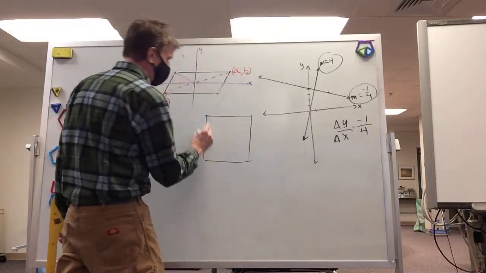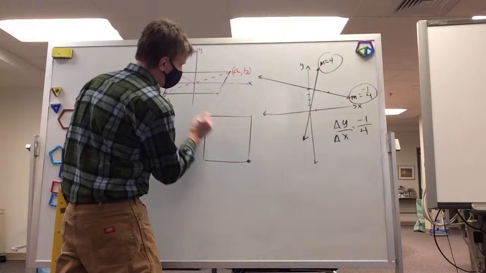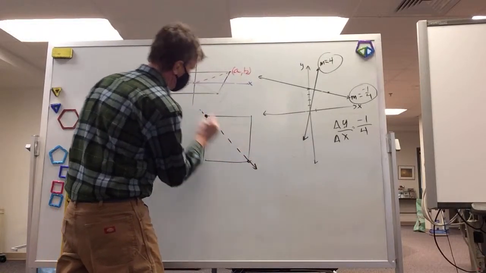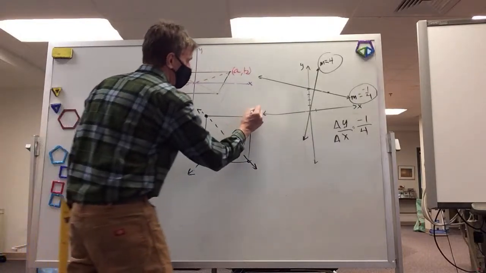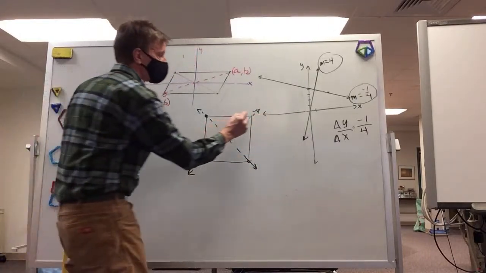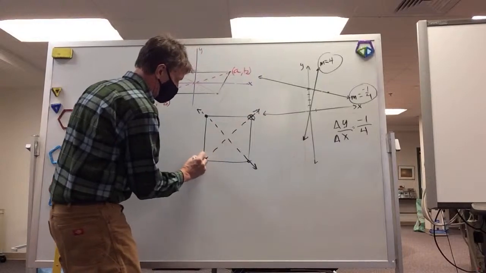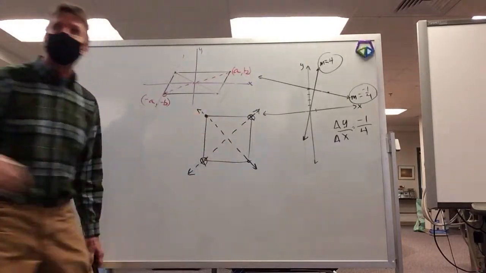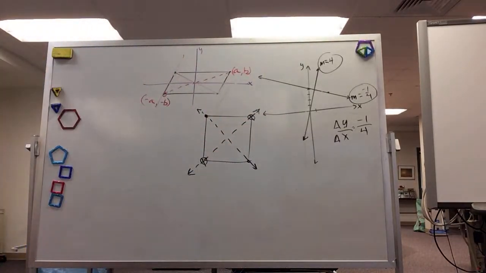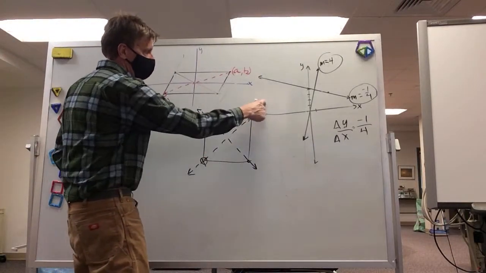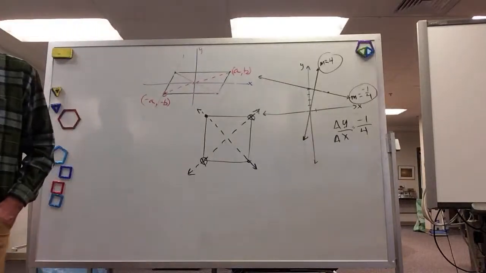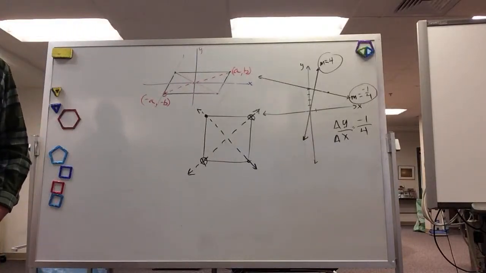Well, if you have a square, and you figure out the slope of this line, and you figure out the slope of this line, to prove that these 4 points, when they're on the coordinate plane, make an actual square, you're going to find that the slope of this line is the negative reciprocal of the other. That way you can prove they're at a 90-degree angle.